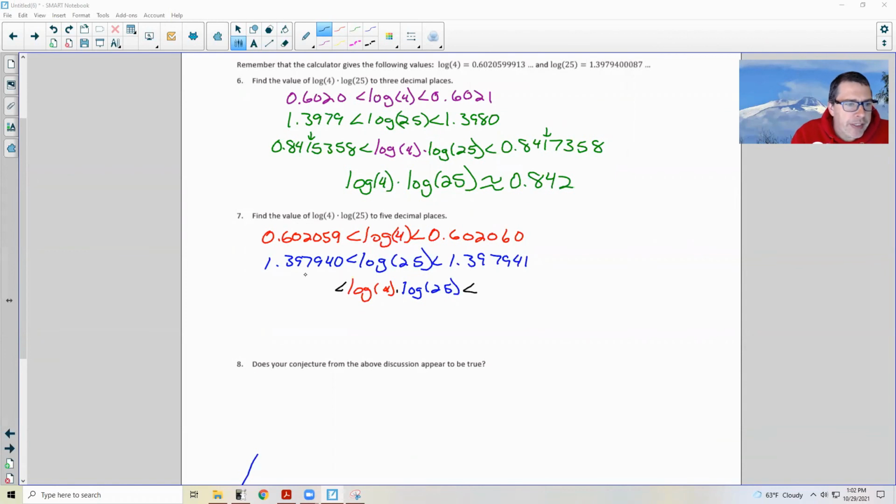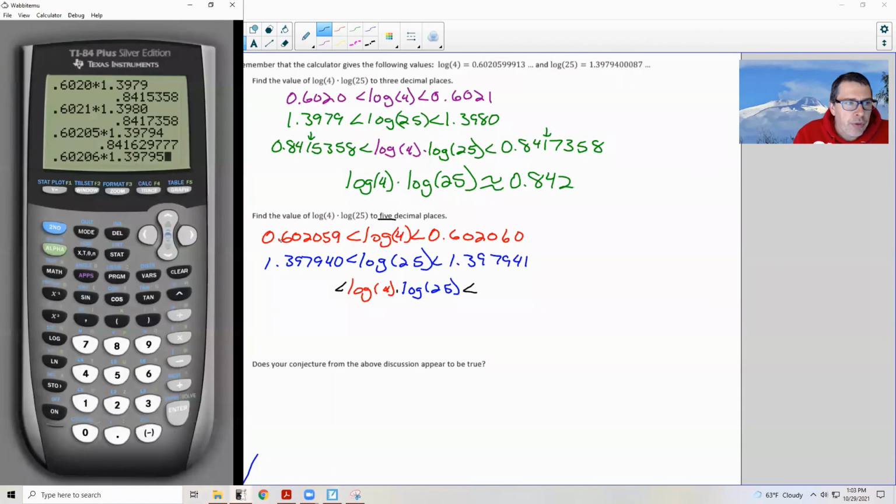Okay, so when I was multiplying that, I noticed I didn't go out far enough. If we're going to round to 5 decimal places, we need 6 decimal places to do our calculation. So now I just need to type these in. I went out 1 more decimal place to save time. So it's 0.602059 times 1.39794. Enter.